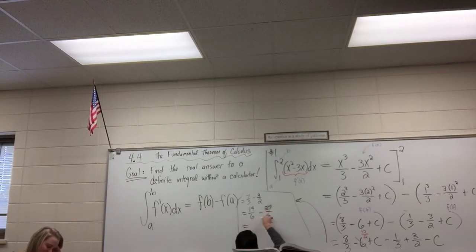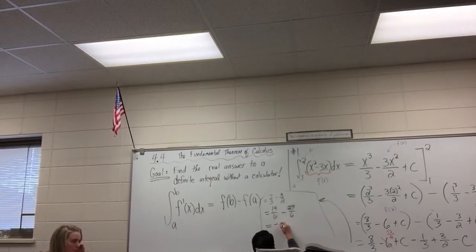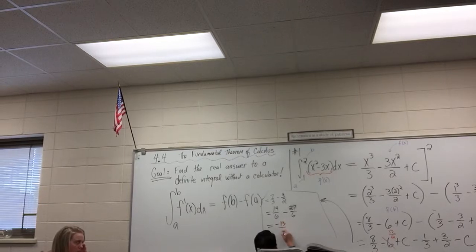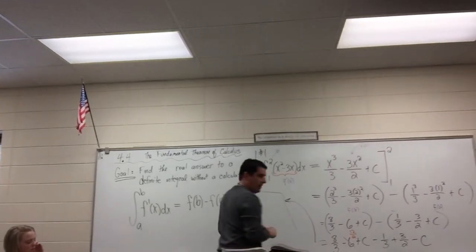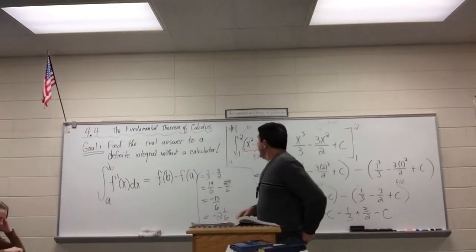Okay, and then what do we got here? 14 minus 27. Negative 13 over 6, which is what? Negative 2 and 1/6. Okay? All right.